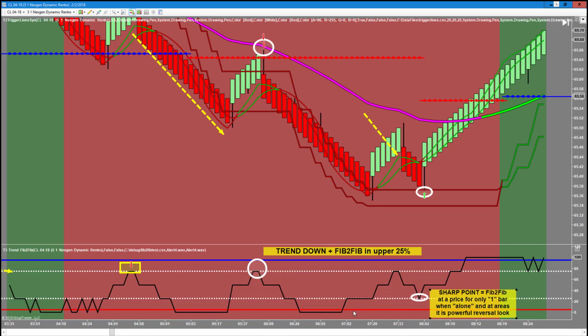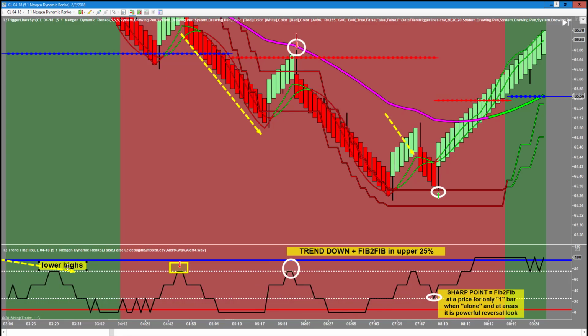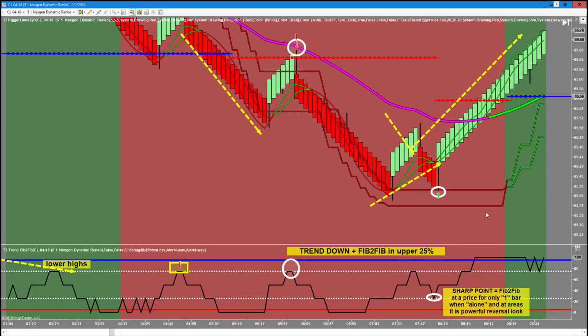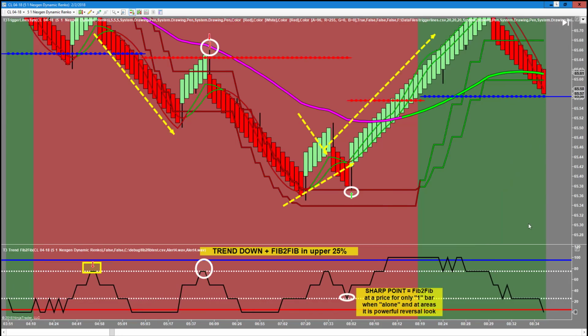So it's kind of the opposite pattern of what we had over here at the top, where we had lower highs. And now over here, we've got higher triggers. Look at the small triggers relative to each other. You'll see that pattern a lot. And we have a sharp point on our Fib to Fib oscillator. Traditionally, that's going to cause the market to reverse and at least get to a higher area, if not really turn the trend all the way around.